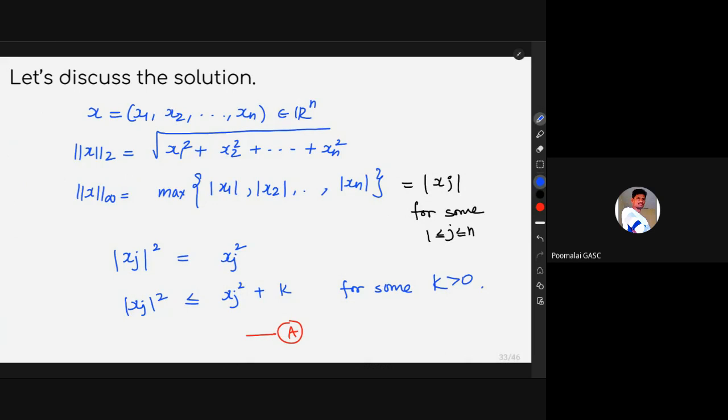So what quantity do we need to add? We need to add the remaining squares, correct? We need to add the remaining squares in order to make the right hand side the Euclidean norm.